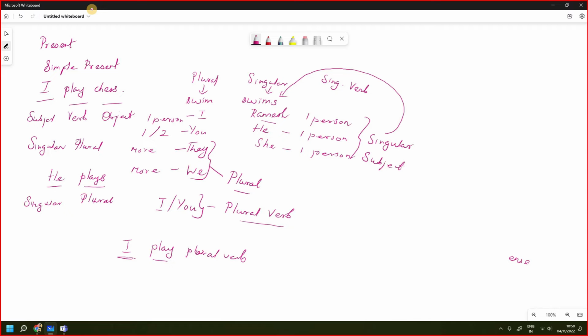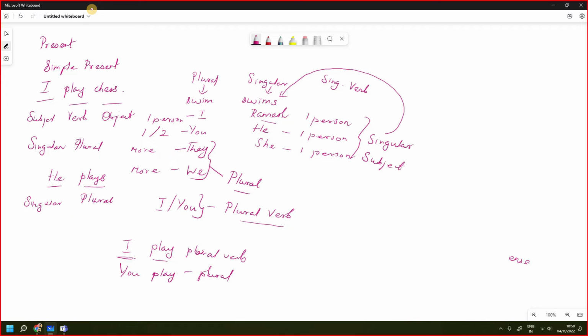This is what you have to understand. And for you also, you should use play. You cannot use any other words. It is always plural. These things you should remember.